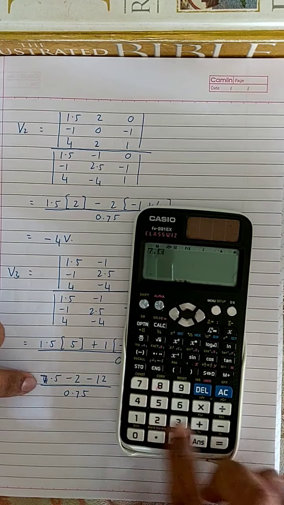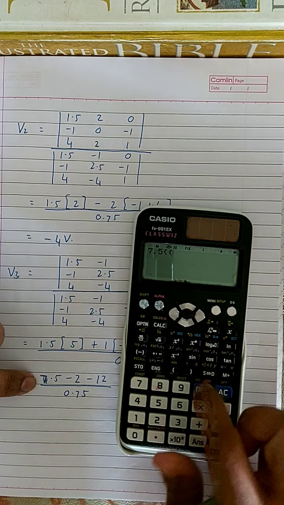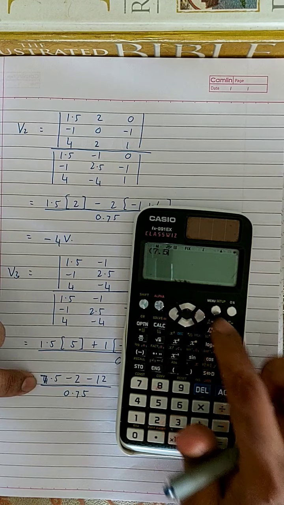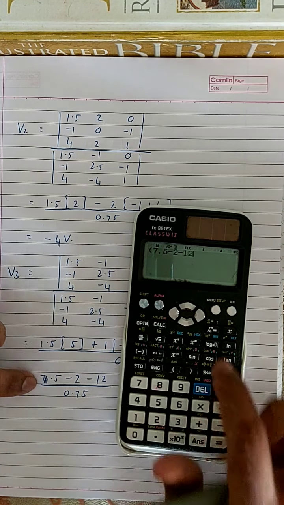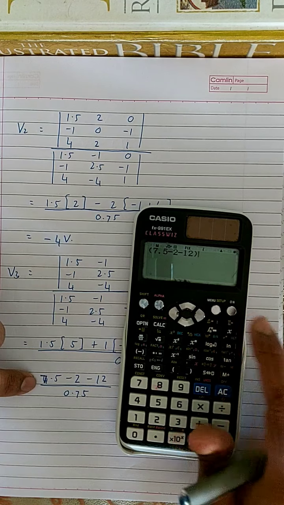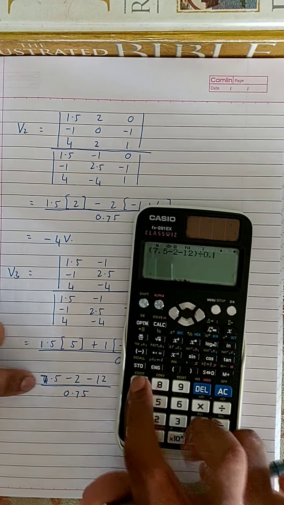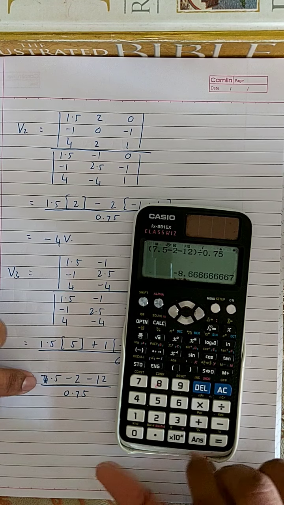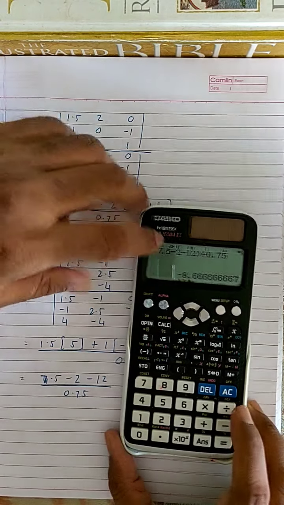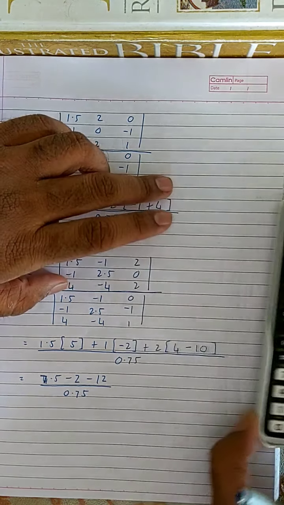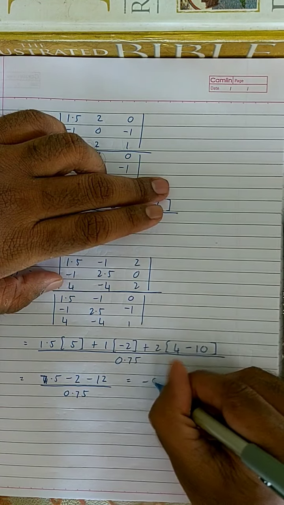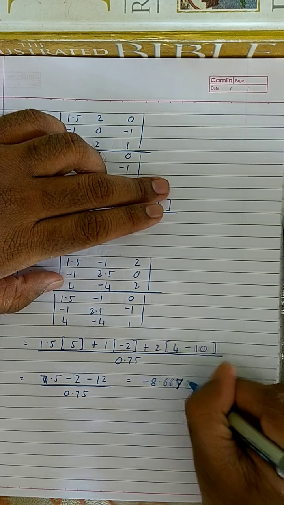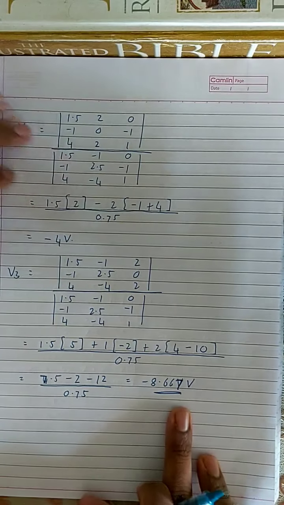You put a bracket over here. Yeah. 7.5 minus 2 minus 12, divided by 0.75. And you will get, hope this is correct, minus 8. Let me check the answer is correct. Yeah, it's correct. So minus 8.667. So the answer is equal to minus 8.667 volt. This is the answer for V3.